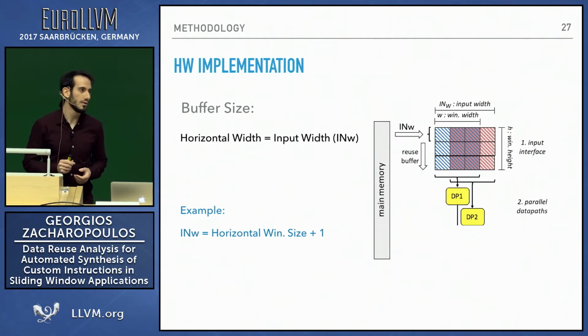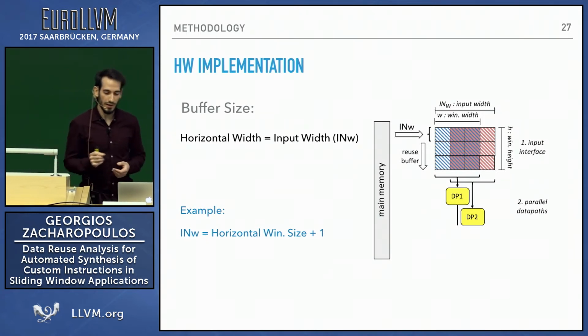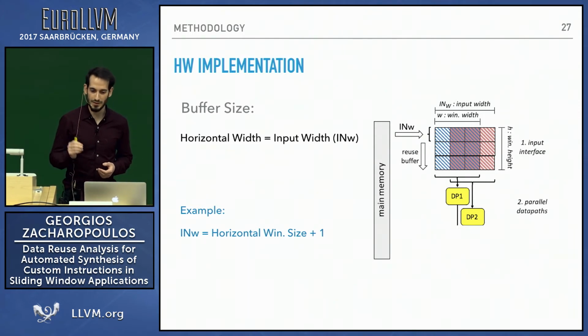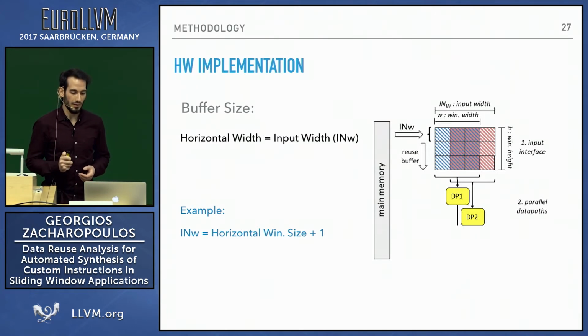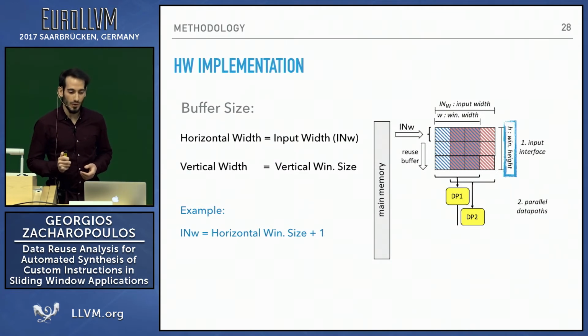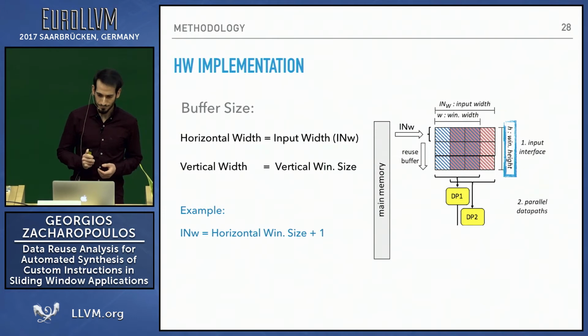In the previous example, the horizontal width of the window was 3. So we can now have 2 parallel data paths, since the input width allows us to go a bit more. So in this case, the input width is equal to the horizontal window size plus 1. The vertical width of the buffer is always equal to the vertical window size.